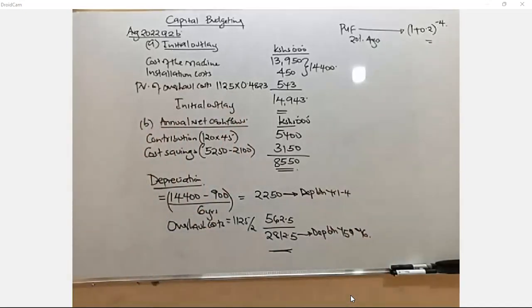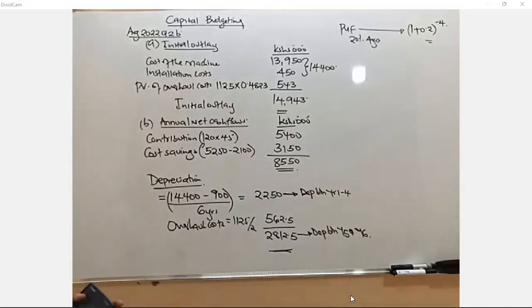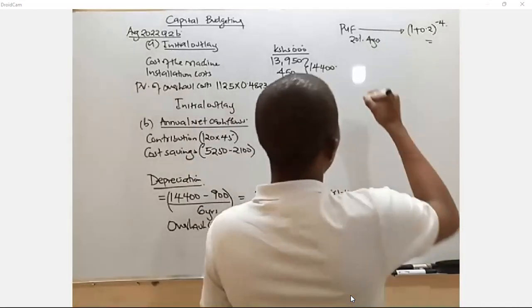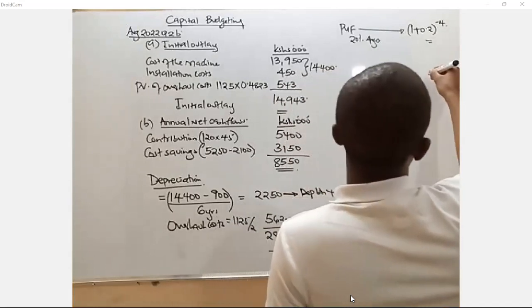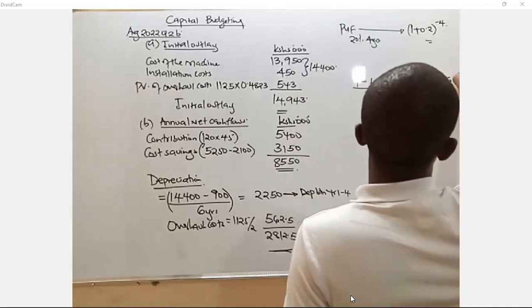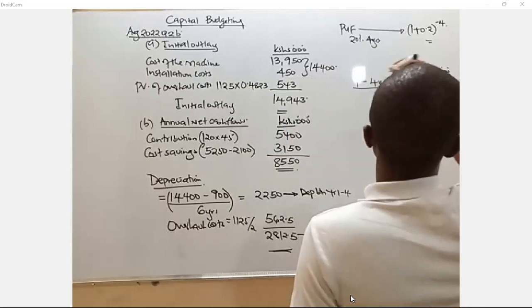Now, from there, we are going to be calculating our annual net cash flows. Allow me to regroup, because we are being told that from year 1 to year 4 we're going to have different concepts from year 5 to year 6. So let us separate them here: year 1 to year 4, then year 5 to year 6, in thousands of shillings.